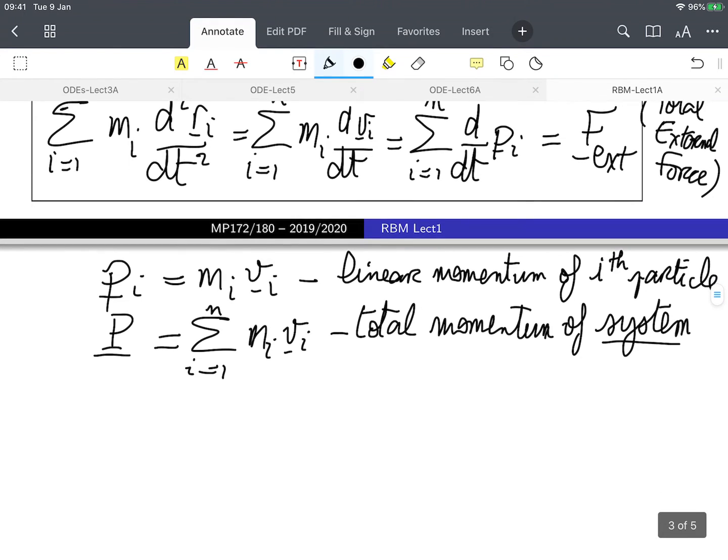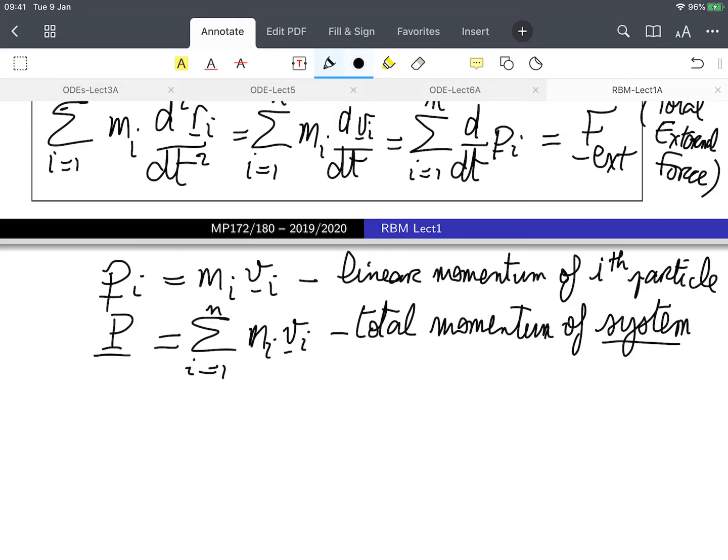And in many situations, it's really advantageous. We've seen an example already with collisions. Remember, it was advantageous to look at the momentum of the two particles.